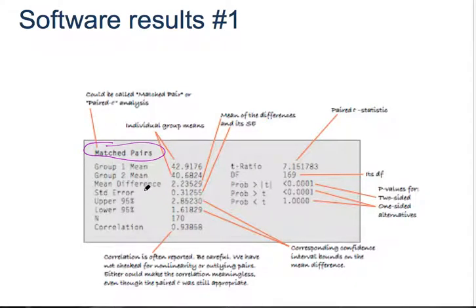Okay, the mean difference, this is going to be the mean of the difference and the standard error. So these would be the 2 values you would use to figure out what the T is. Okay, and then these 2 are because it's the upper and the lower, this is going to be your confidence interval. It tells you what N is, and the correlation, we don't necessarily need to know that right now.